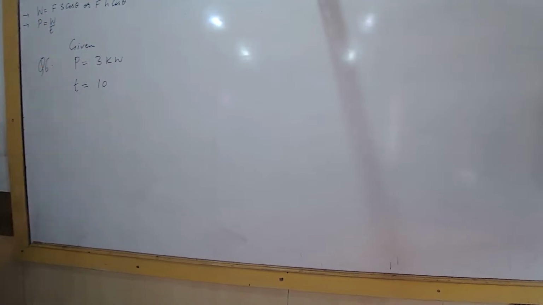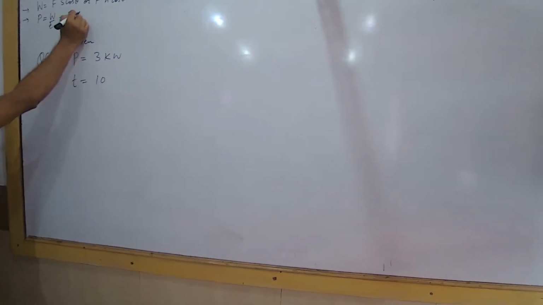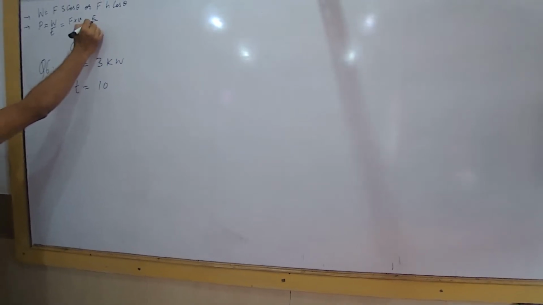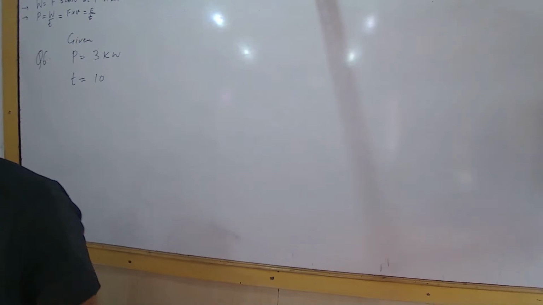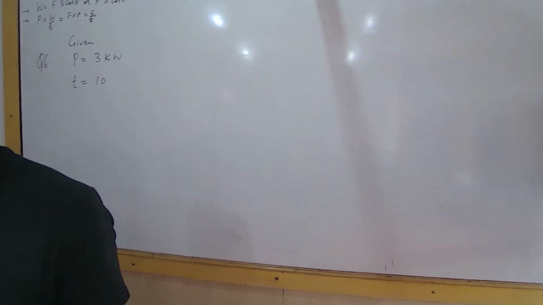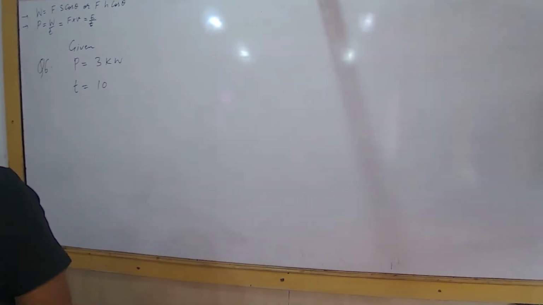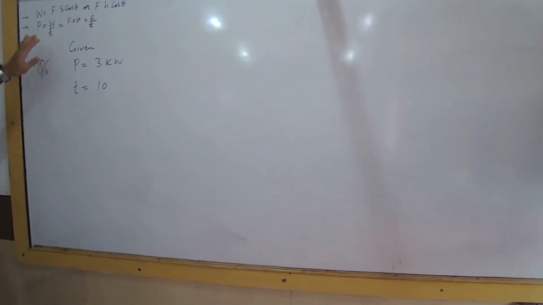These are the only two formulas, right? This becomes F into v also. This also is energy upon time. So power can be expressed as work upon time or force into velocity or energy upon time. So all the questions we are going to do will be solved by this.